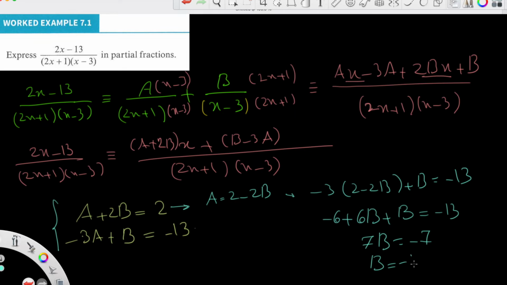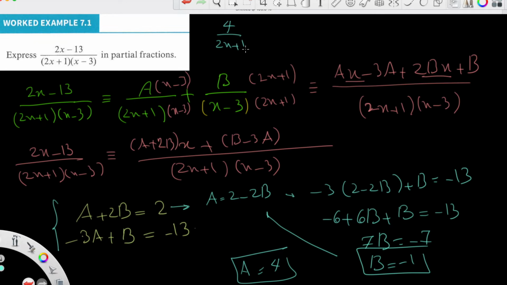B will be -1. So B is -1, and then A will be, we can replace here, A will be 2 + 2, it will be 4 then. So this fraction can be written as A is 4, so 4 over (2x + 1), then B is -1, so -1 over (x - 3). It is split into partial fractions. This is actually the answer.